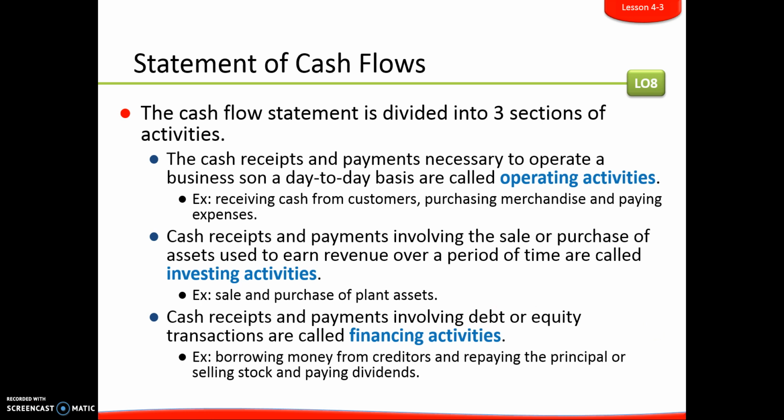We refer to those as our financing activities. Examples of those include borrowing money from our creditors or paying back our creditors, and then either selling stock, which would be the issuance of stock, we receive money for that, or paying dividends, which would be a payment of that. So those are our four statements. Just a reminder: income statement, statement of stockholders' equity, a balance sheet, and then also our statement of cash flows.